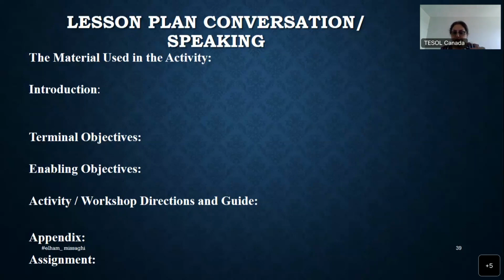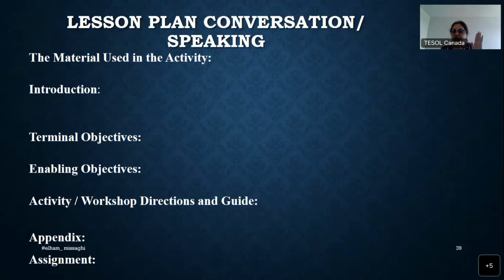Then you get to process. You write the directions and guides, how you start your class: pre, while, post. What you do in the pre-stage, what you do in the while stage, and what you do in post. Relevant homework: what you give them as homework to practice, assignment.